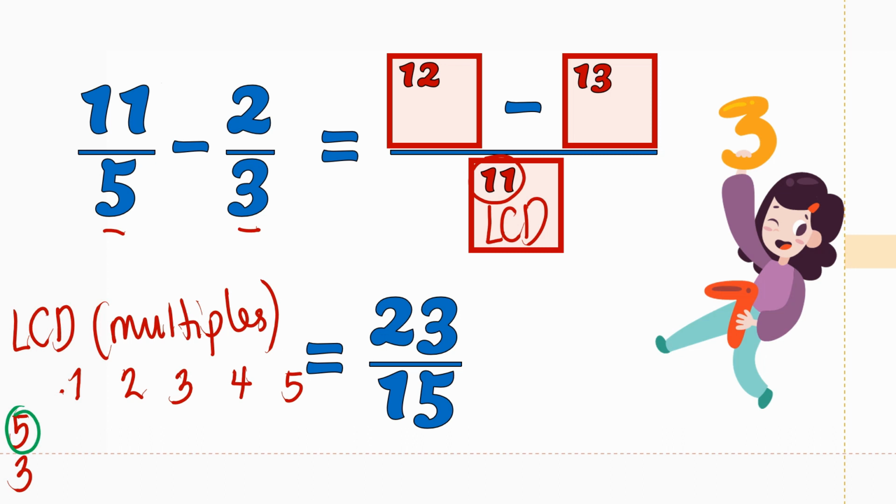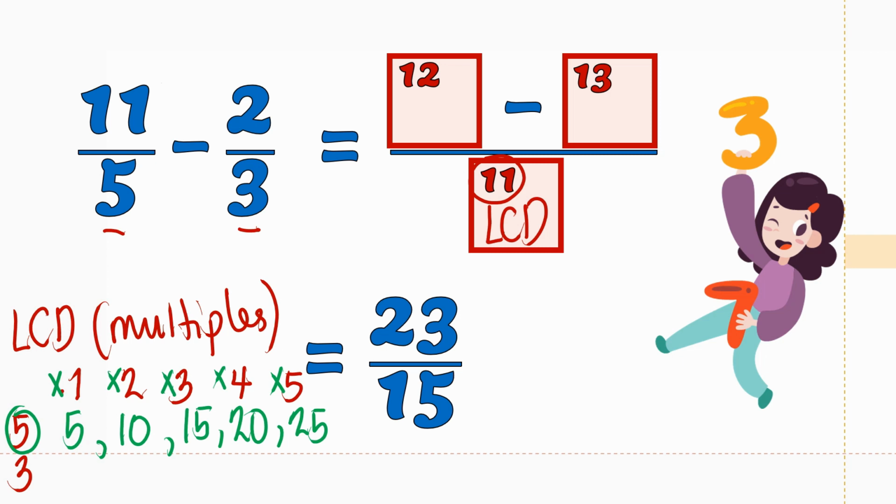Multiply 5 by 1, so this is 5. Comma, multiply by 2, so this is 10. Multiply 5 by 3, so we'll have 15. Multiply 5 by 4, so we'll have 20. Multiply 5 by 5, so we'll have 25. Okay? Take note, ang kukunin lang natin yung pinaka-least. Ibig sabihin, pinakamababang numero na nakita natin kay 5 at saka kay 3.